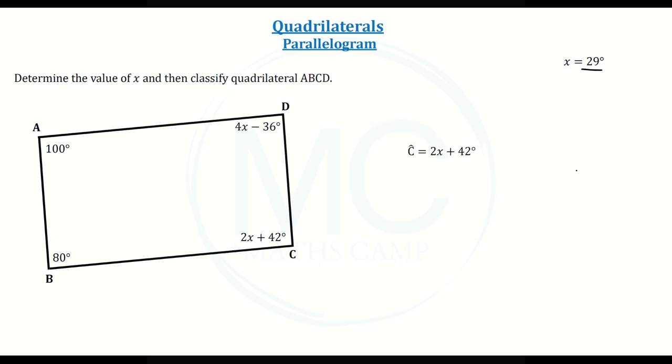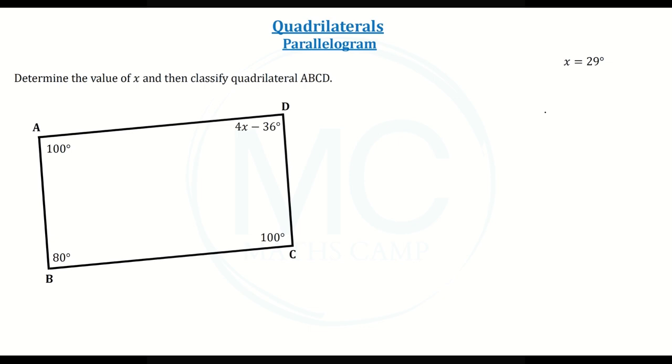We know that x is 29, so we can say 2 multiplied by 29 degrees plus 42 degrees. 2 multiplied by 29 gives us 58 degrees plus 42 degrees, and we get a total of 100 degrees. This is the size of angle C. So let's make some space. Let's take out 2x plus 42 degrees and fill in 100 degrees.